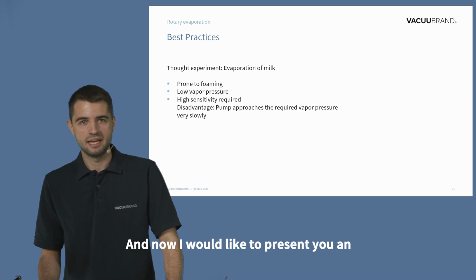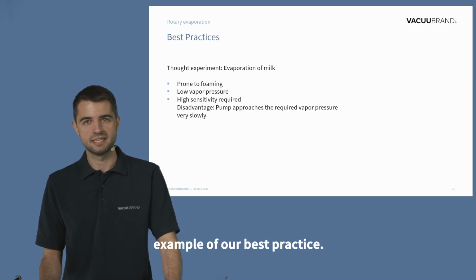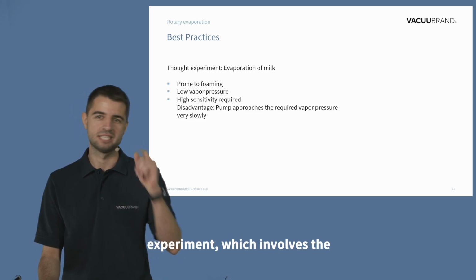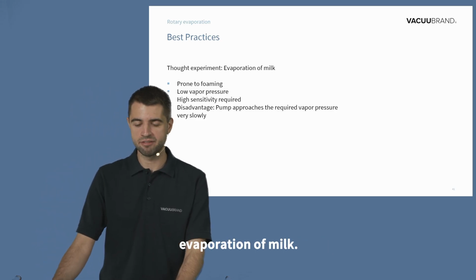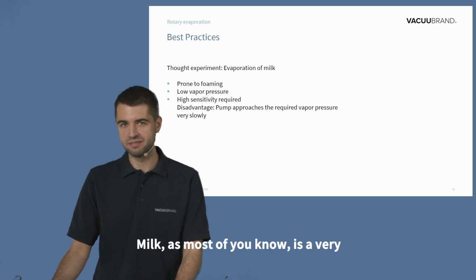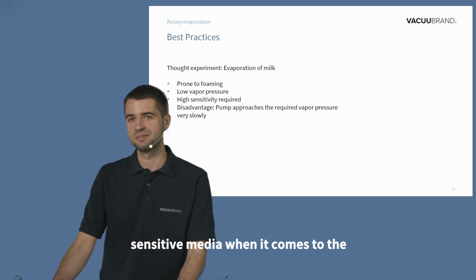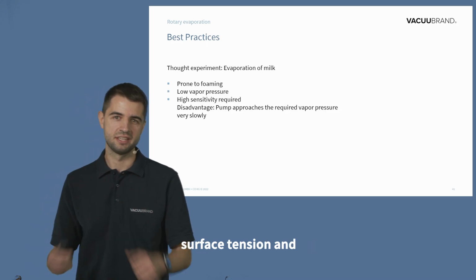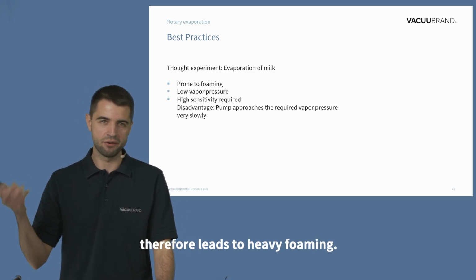And now I would like to present you an example of our best practice. To do this, we carry out a thought experiment, which involves the evaporation of milk. Milk, as most of you know, is a very sensitive medium when it comes to evaporation, because it has a very high surface tension and therefore leads to heavy foaming.